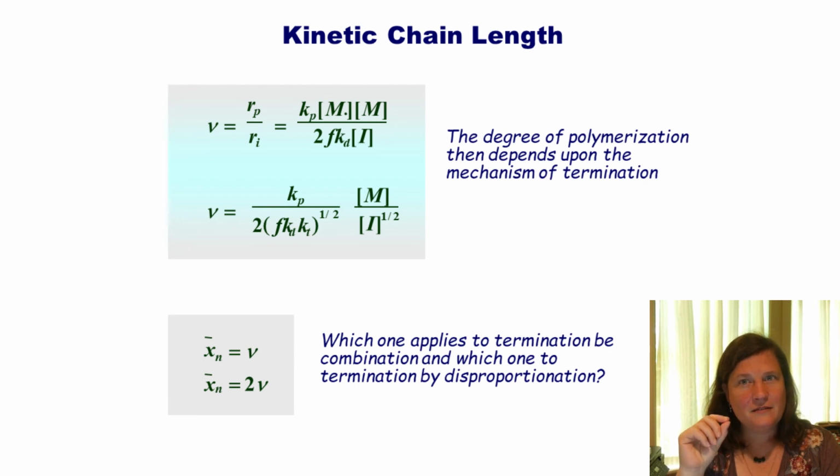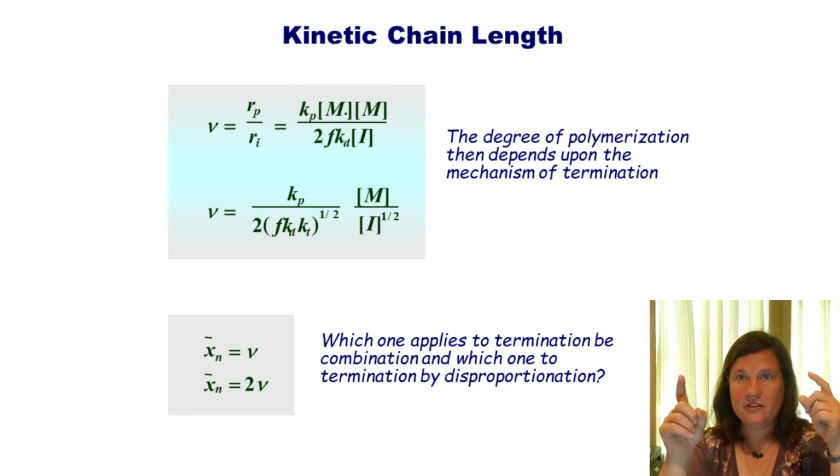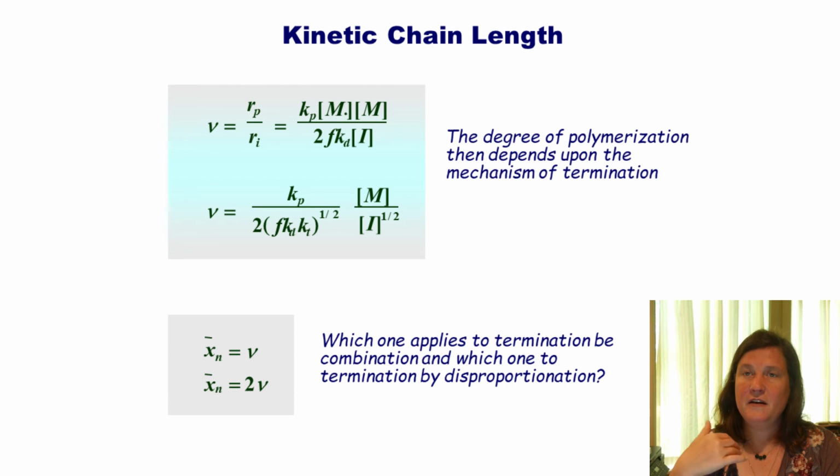Now let's think about free radical polymerization. We've got two termination mechanisms. We need to relate this kinetic chain length to degree of polymerization. If we terminate by disproportionation, the number average degree of polymerization is the kinetic chain length.